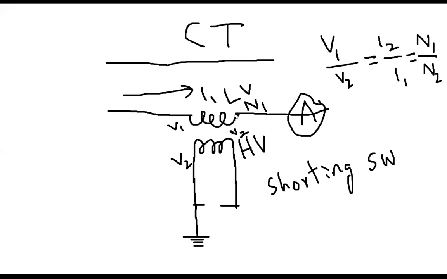The primary coil is magnetized, but in the secondary current is not flowing. So energy balance will not be maintained. Consequently, there will be high flux density in the core. The core will be gradually magnetized and heated up, and even it may be burnt up. That's why the high precaution: the secondary side should never ever be open circuited in case of a CT.